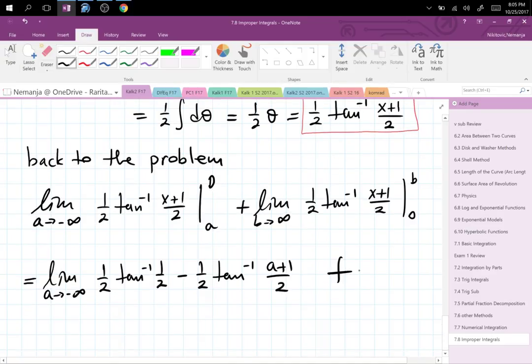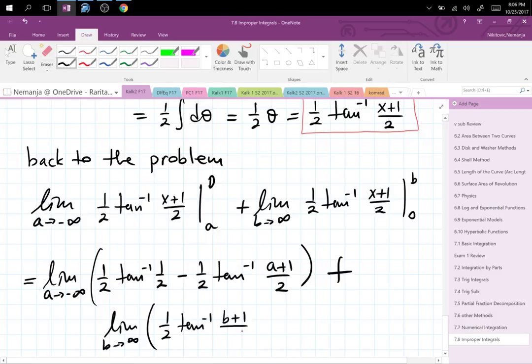All of that plus limit b goes to positive infinity. I mean, all of this is with the first limit. And now the second one is 1/2 tangent inverse of b plus 1 over 2 minus 1/2 tangent inverse of 1/2.